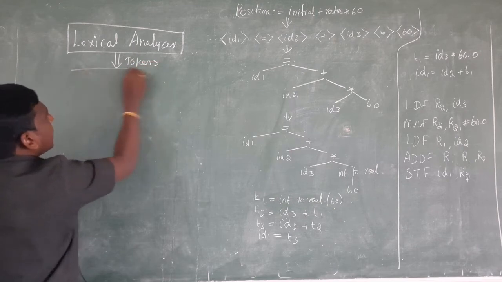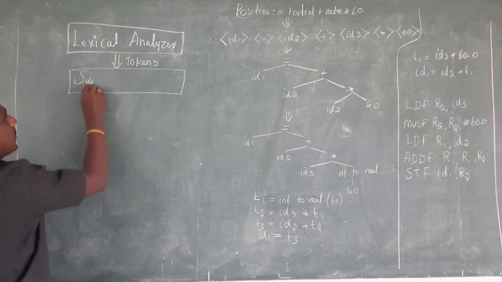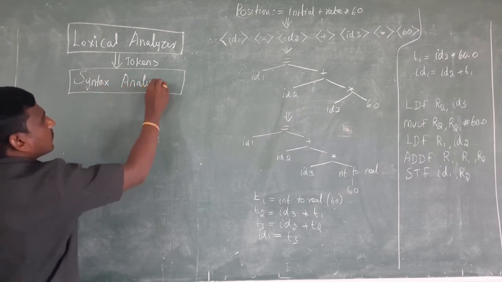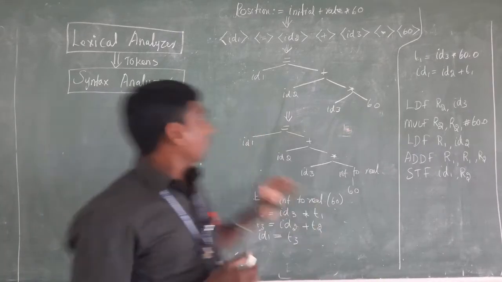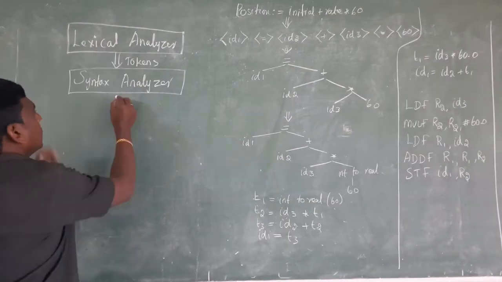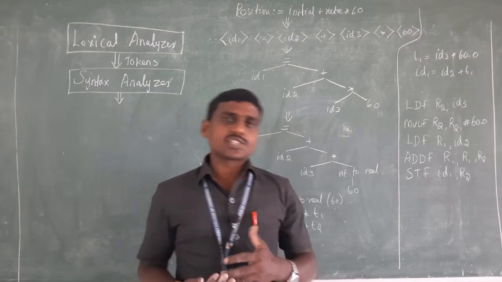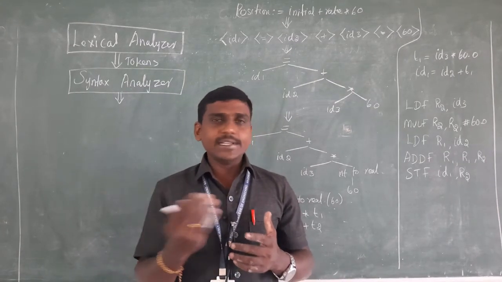And the second one is the syntax analyzer. The duty of the syntax analyzer is that the tokens are converted into a parse tree, or syntax tree. We studied trees, right?